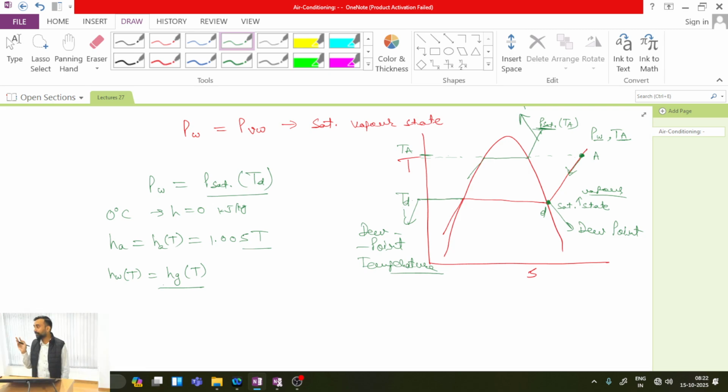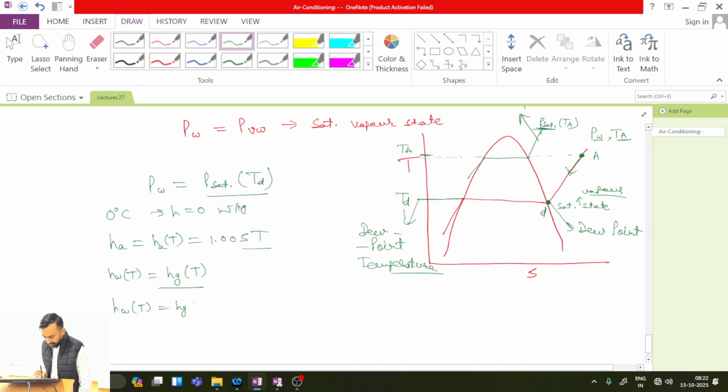Now, water vapor does not immediately come into the gaseous state. In order to reach the gaseous state, it requires a certain amount of energy. That's why whenever I have to define this HG at T, first I have to consider the enthalpy of the water in the liquid state. So, HF at T.